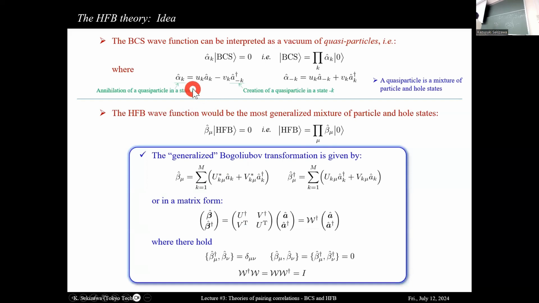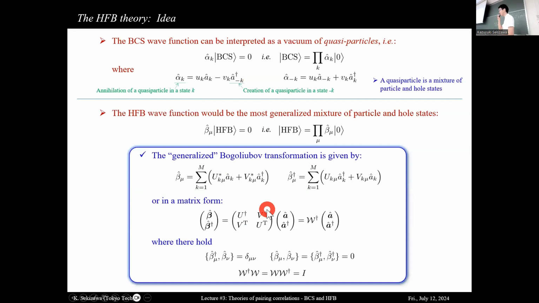In the BCS case, the quasi-particles were only a superposition of k and minus k, but in this case we mix all the creation and annihilation operators.